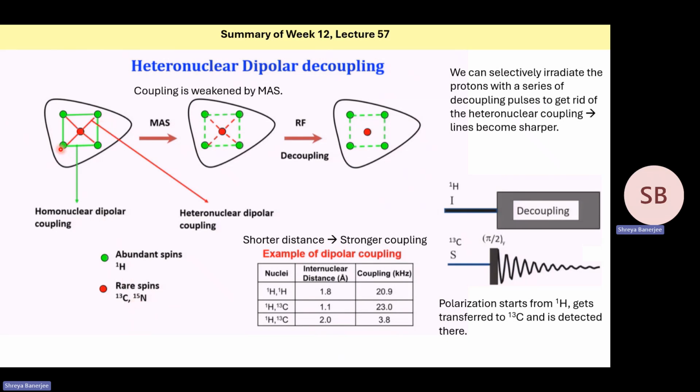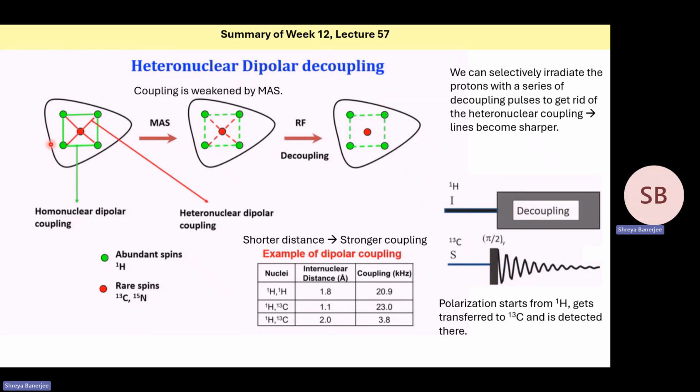Now you can have coupling from 1H to 1H, shown by this green line, which we are calling homonuclear dipolar coupling because it is between two of the same nucleus. And you can have coupling from carbon to hydrogen, that is heteronuclear dipolar coupling because it is between two different nuclei. Now this is when the sample is static.